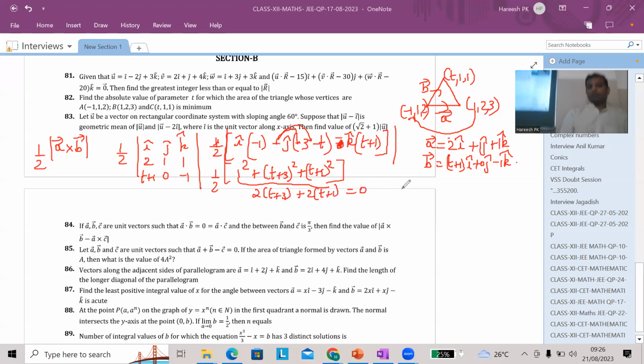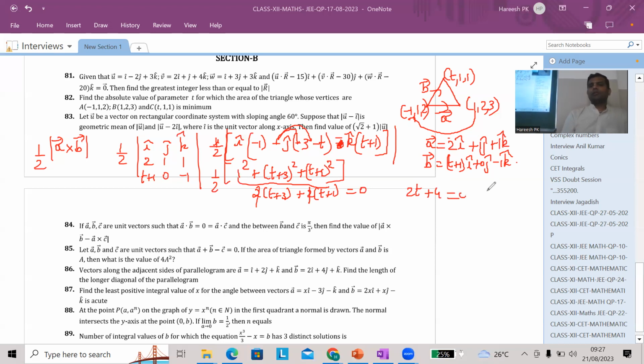The 1 by 2 anyway will transfer to the other side, right? So 0 into anything is 0. So then what do we end up getting? We end up getting 4t plus 8 is 0. This 2 also I can put on the other side.